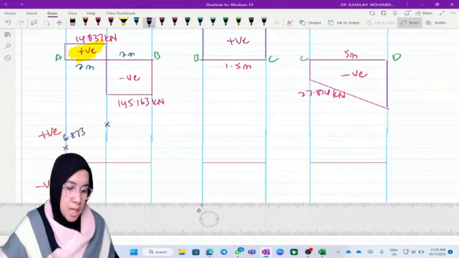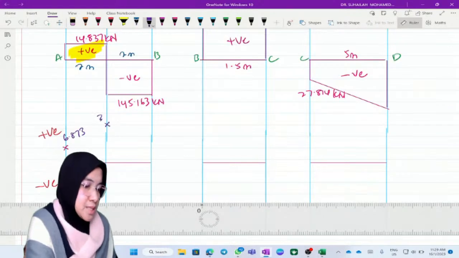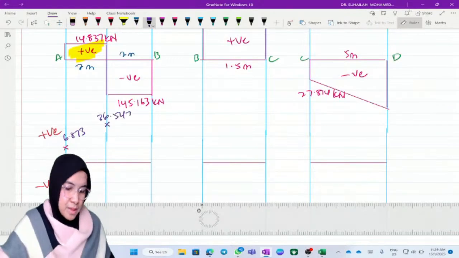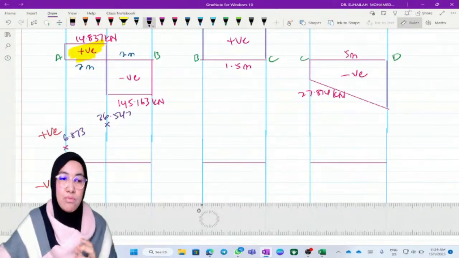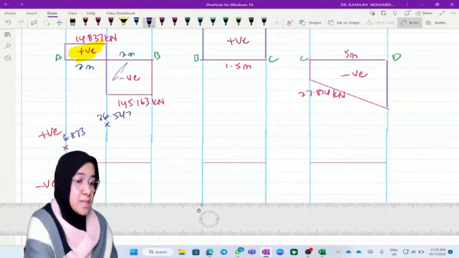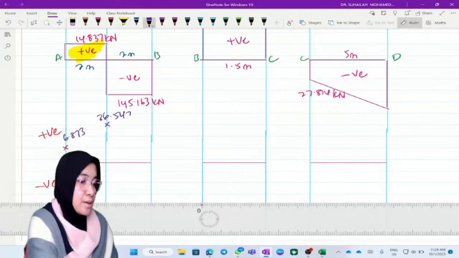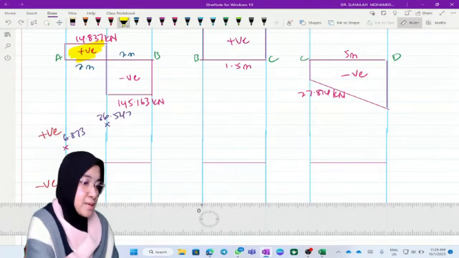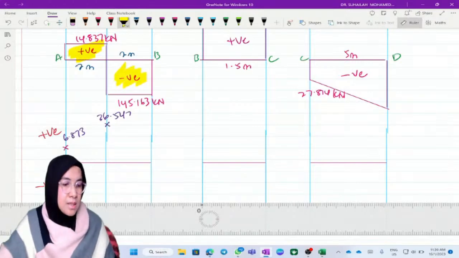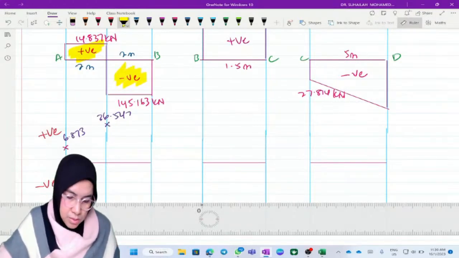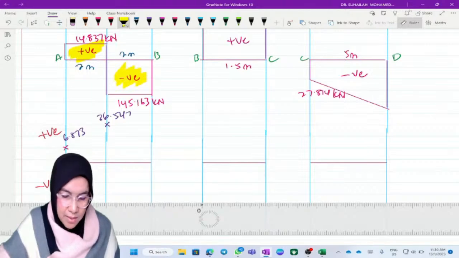Okay, so it is 36.547. And then we have to minus the second one, minus 2 times 145.163.